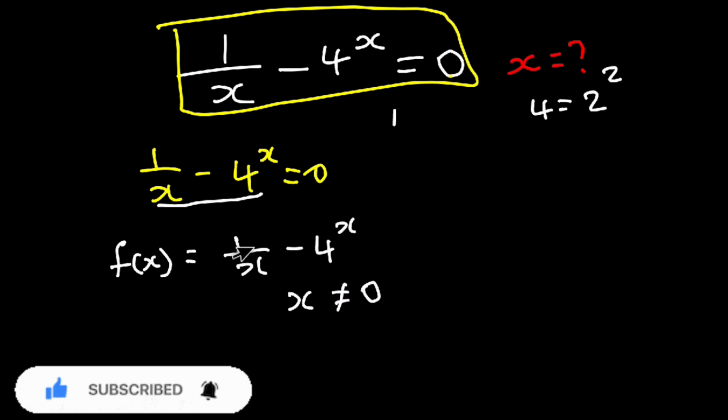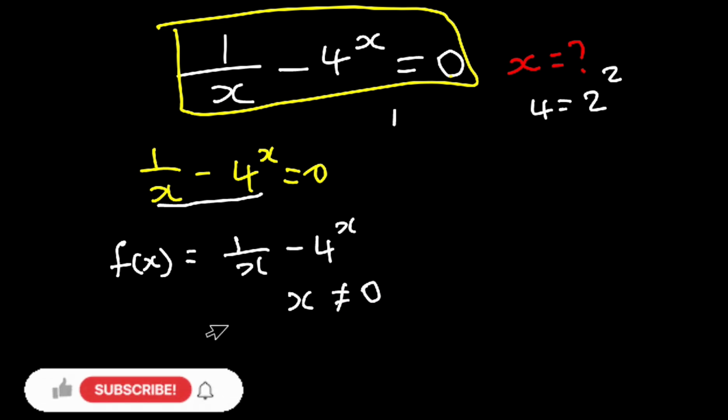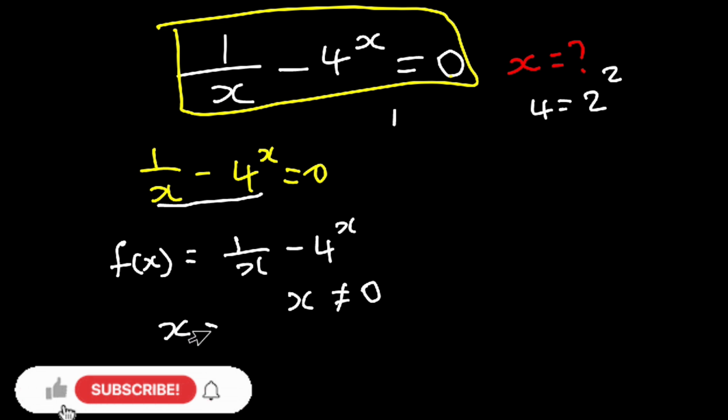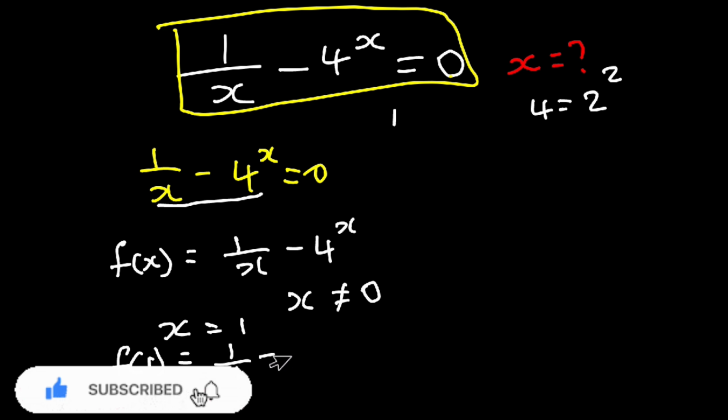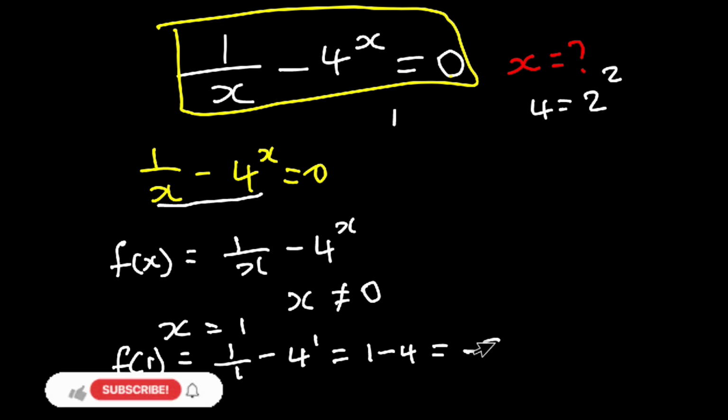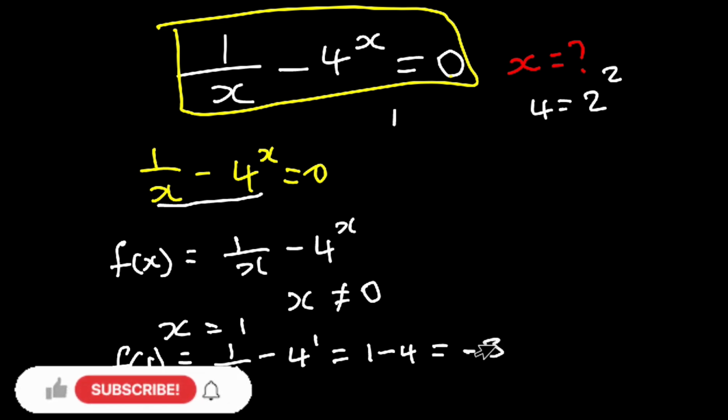Otherwise, this whole function will be undefined. So let's start with x equals 1. So f of 1 is going to be equal to 1 over 1 minus 4 to the power of 1, which is the same thing as 1 minus 4, which is equal to negative 3.